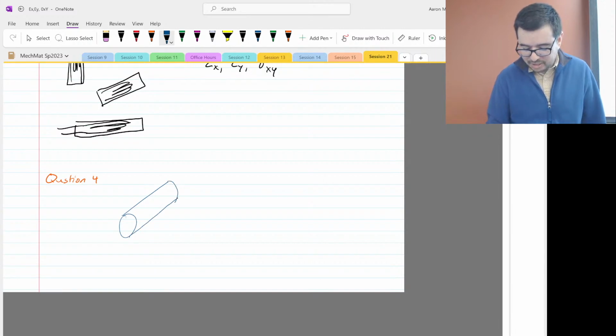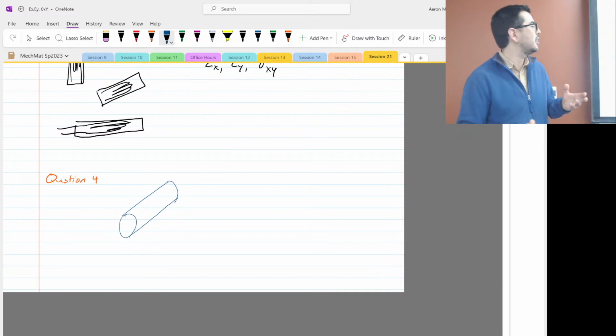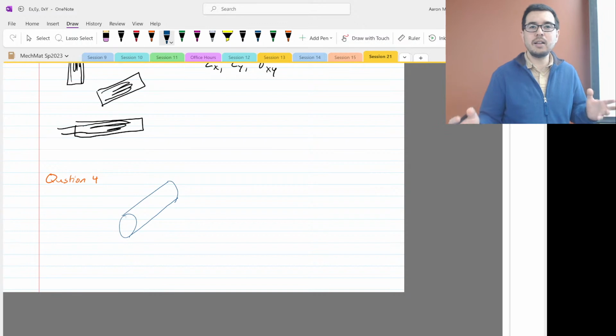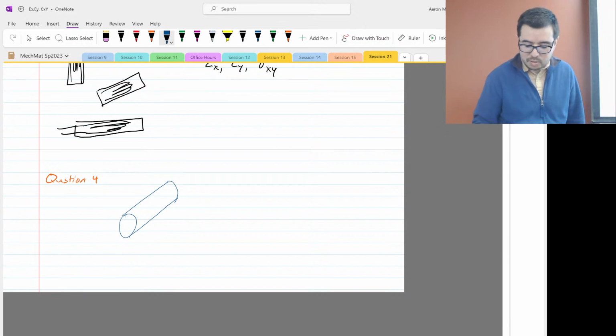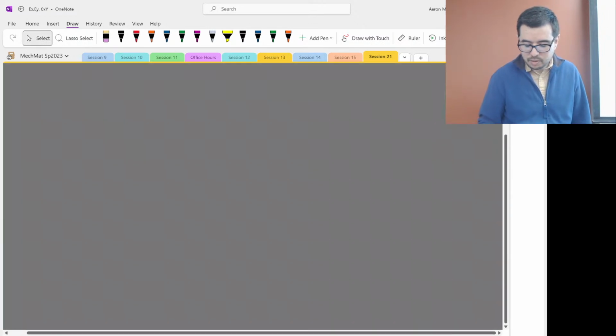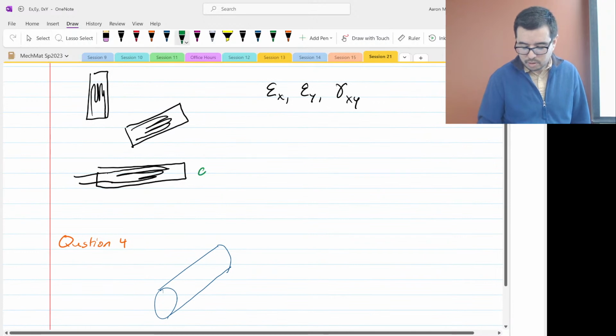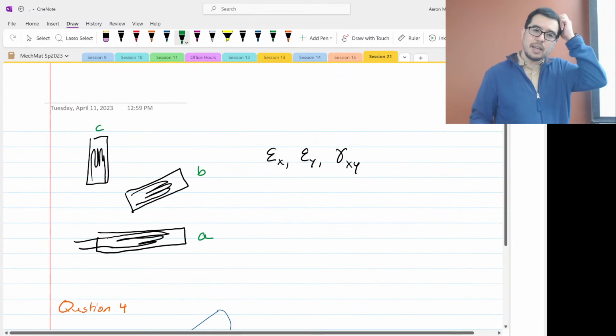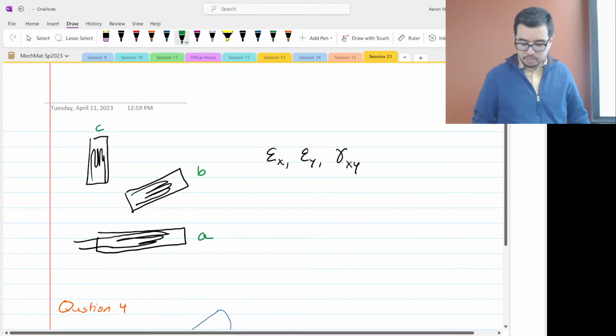All right, so here is the pressure vessel, and it's hollow, of course. And what we're saying is that we have our strain gauges A, B, and C in the rectangular rosette formation.